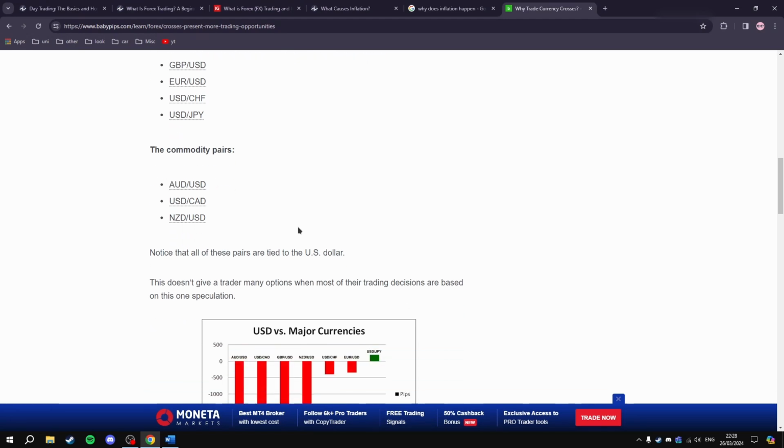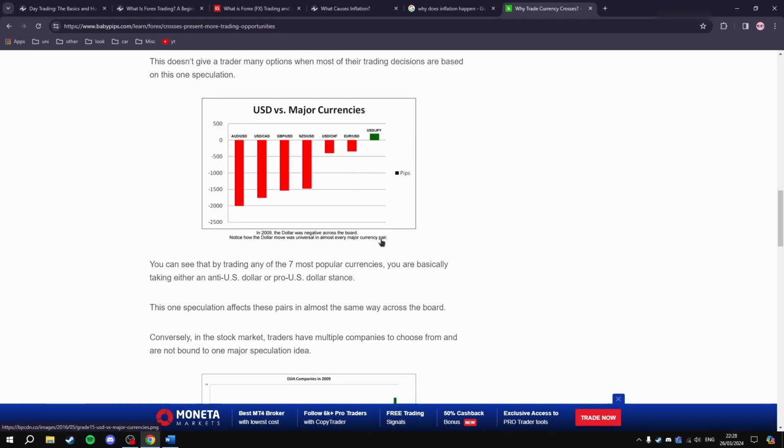Notice all these pairs are tied to the US dollar. You're basically taking an anti-US dollar or pro-US dollar stance.